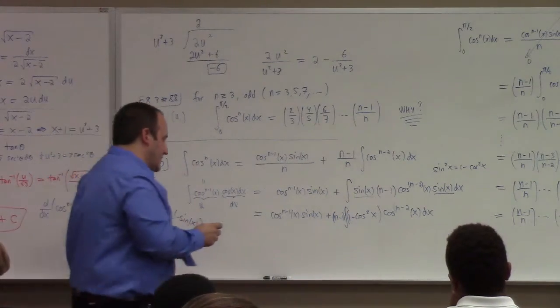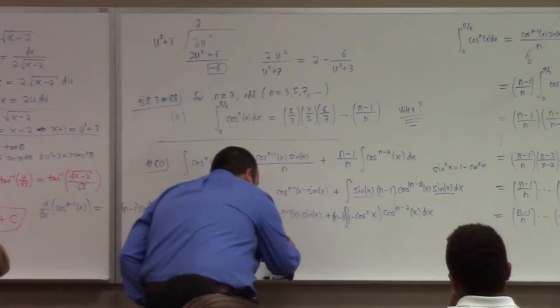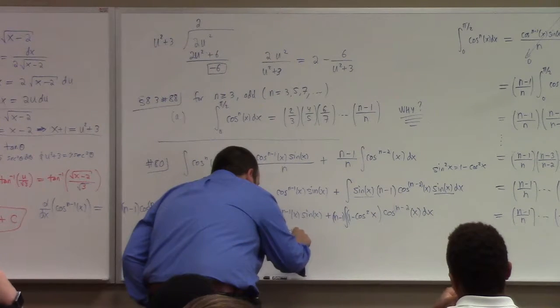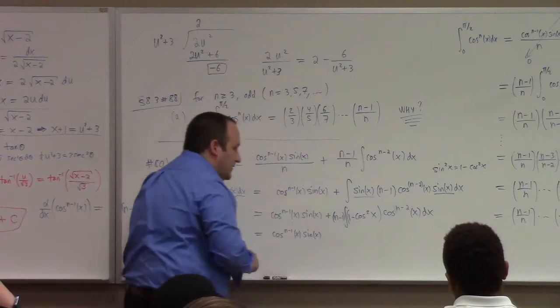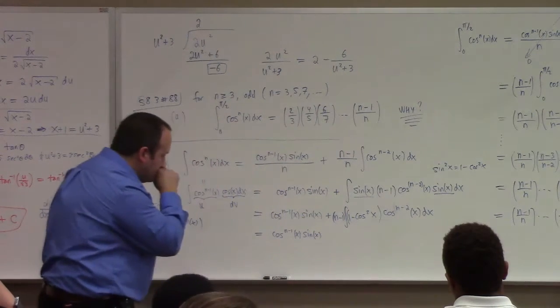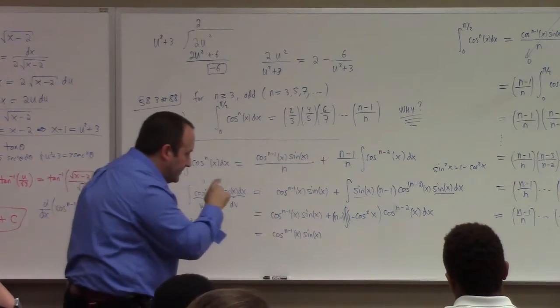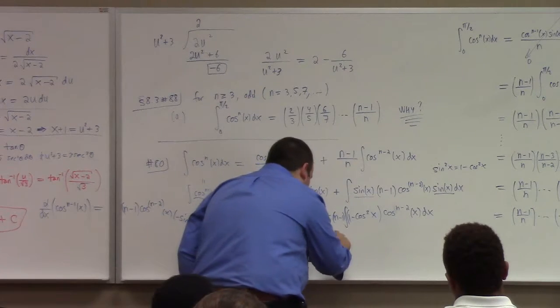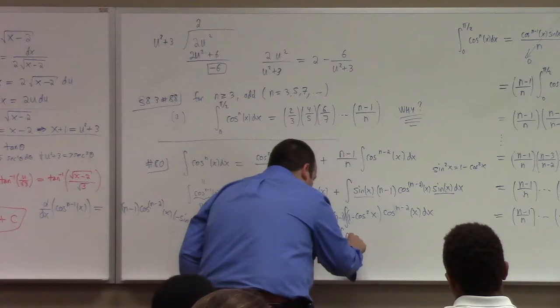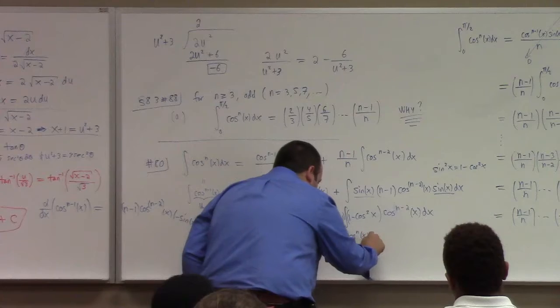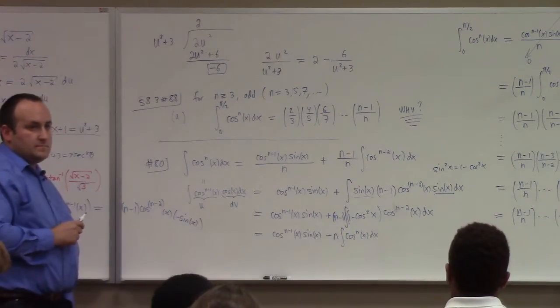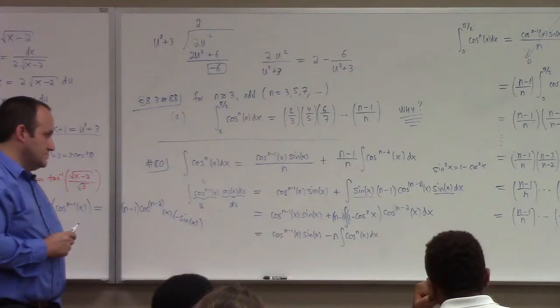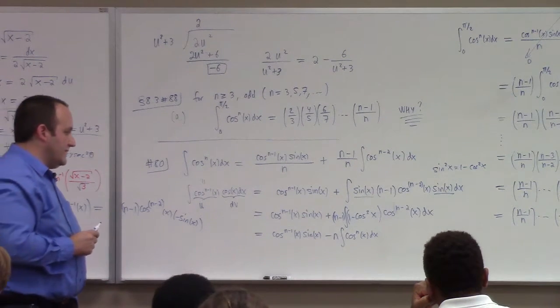So what do you get here? You get cosine n minus 1 of x, sine of x. And then if you look at that, we have minus n times the integral of cosine n of x dx. Oh, I'm wrong. What do we actually have?